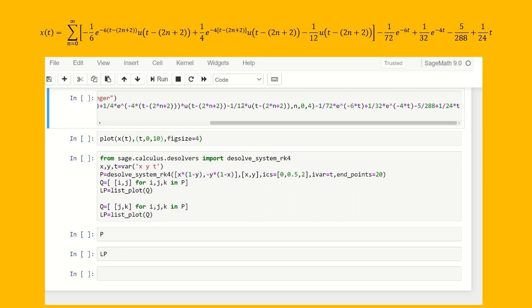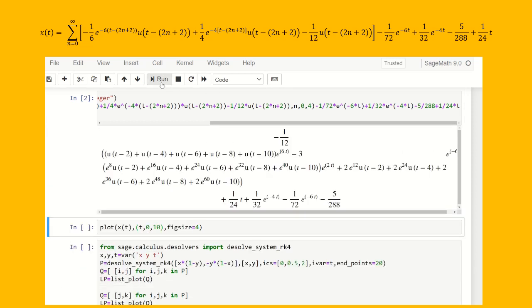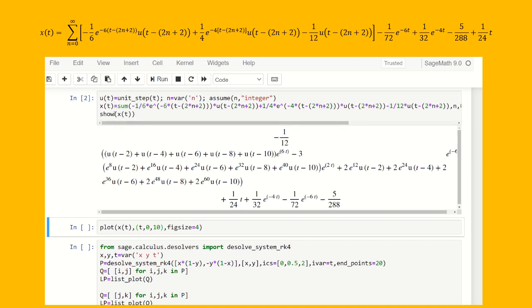So let's execute this cell. Let's run it. And so here is the x of t function. Let's remember that we were showing x of t. It's 1/12 times all of this stuff.